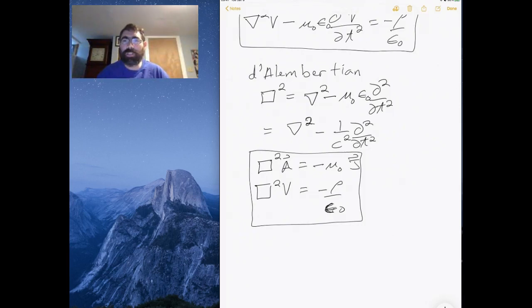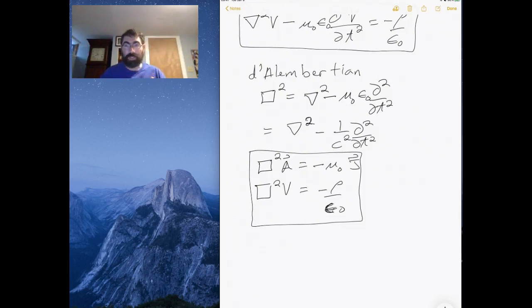Take them anywhere you want. So now we've done the separation of potentials. And an even nicer thing is that we now have a second order differential equation for V, whose source is the electric charge, and we have a second order differential equation in A, whose source is the electric current.